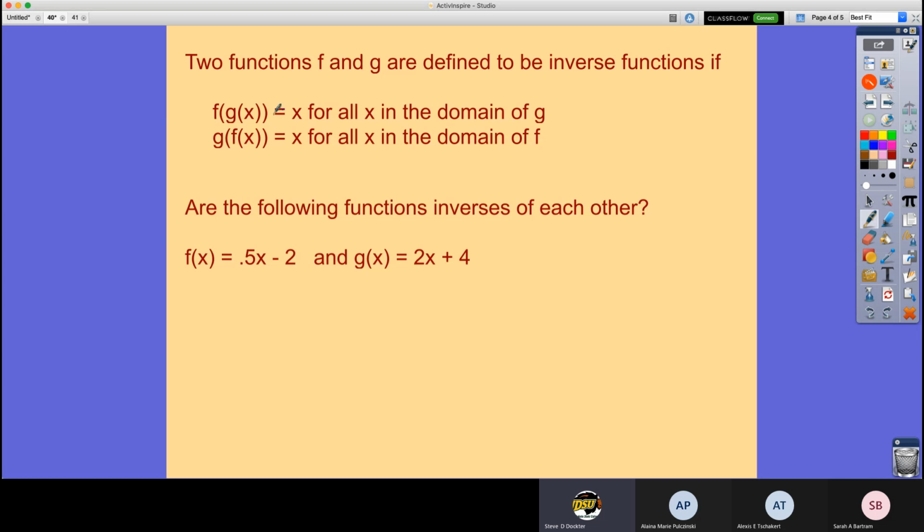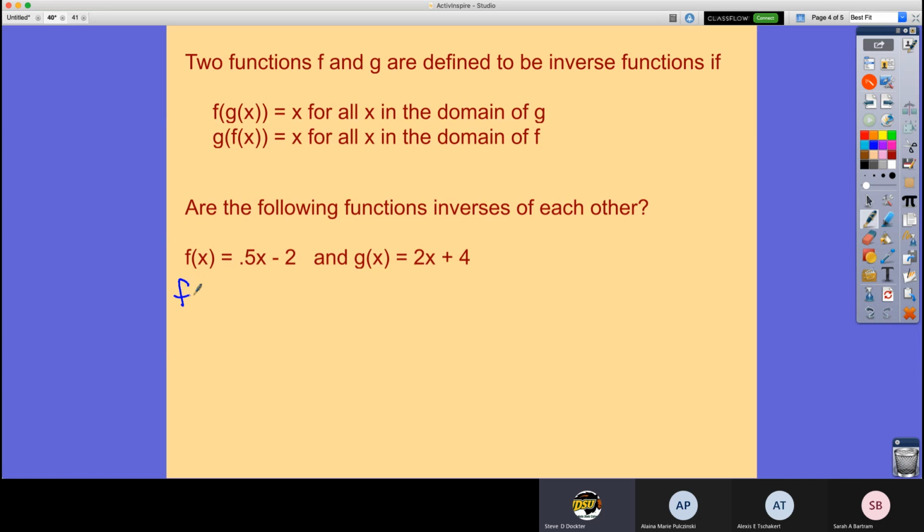And then we also have to put the f of x function into g, and it's got to come out as an x. You cannot just do one of them. There are functions out there where you get an x for the first one and you do not for the second one. So that's what I'm going to show you first.